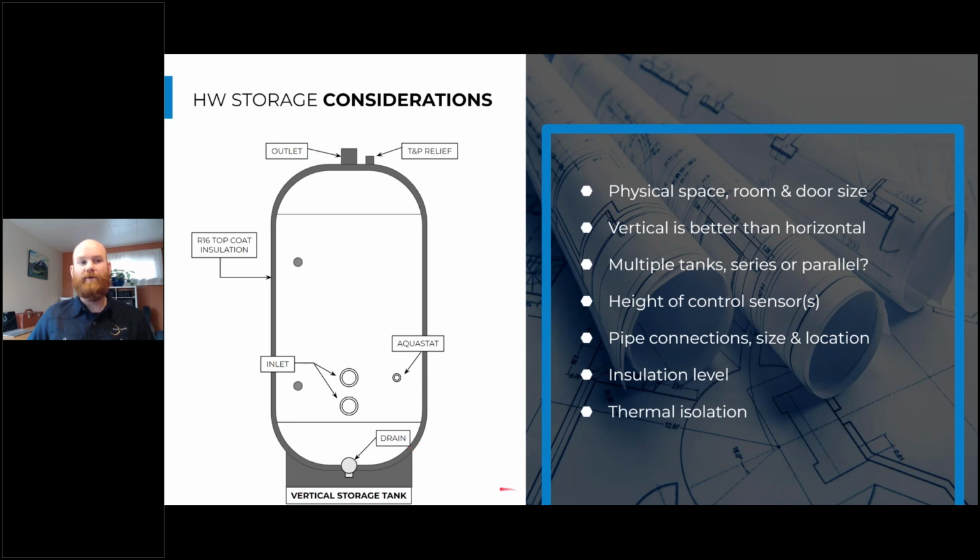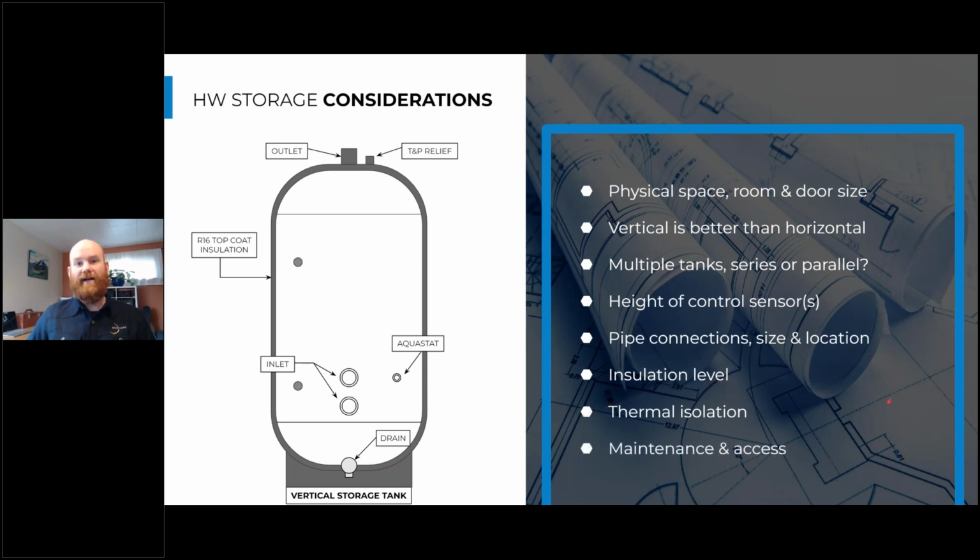So typically we just put an R10 rigid insulation foam under that tank, and that foam, if you get the correct specification, can hold this tank full of water. It's designed appropriately for that load.